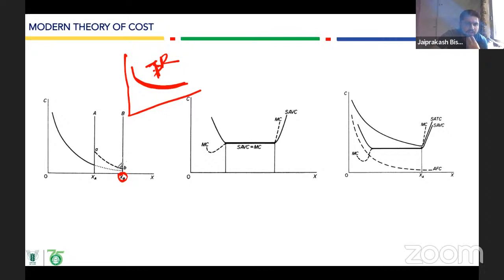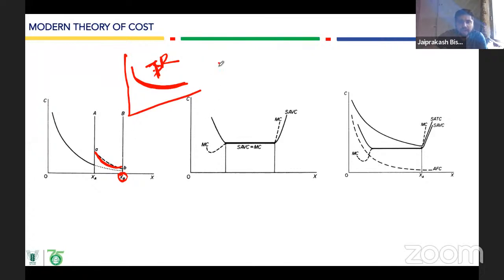In that case it will be a little higher than this original curve. So it is again a rectangular hyperbola, and its shape is not exactly like this. It can vary, but more or less it is a rectangular hyperbola also.